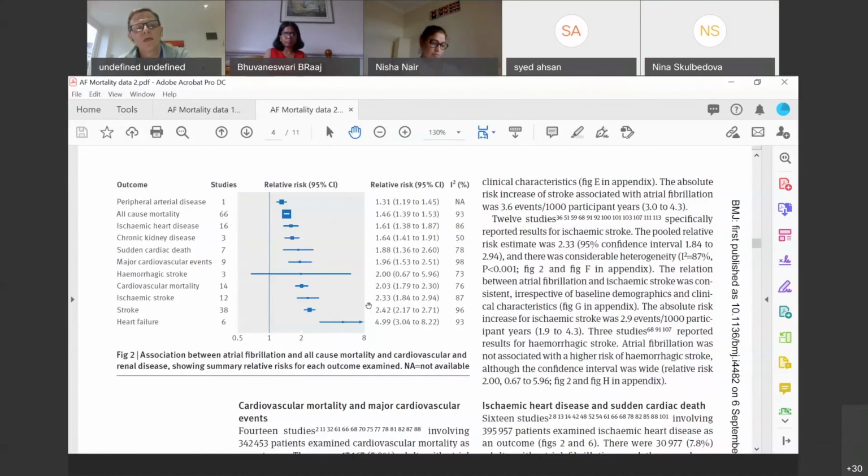Now, if we briefly drop down to heart failure, we can see again 4.99. So that's where we get the 5 times risk of developing heart failure. But if you look at the spread of that data, we see that some patients can be as low as a 3 times risk of developing heart failure associated with AF, still a significant problem. But some are over 800% more likely to develop heart failure associated with AF.